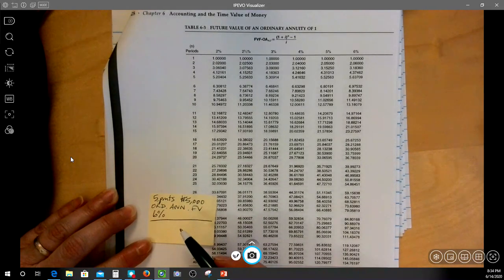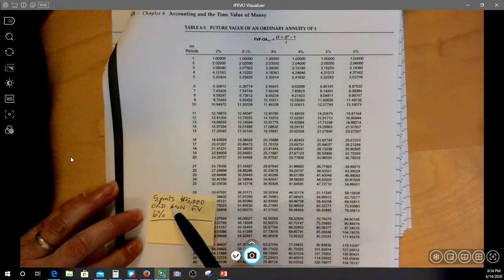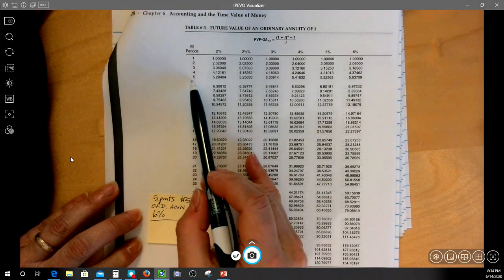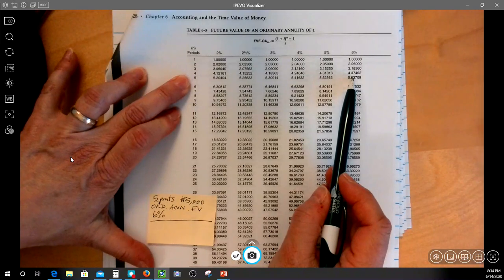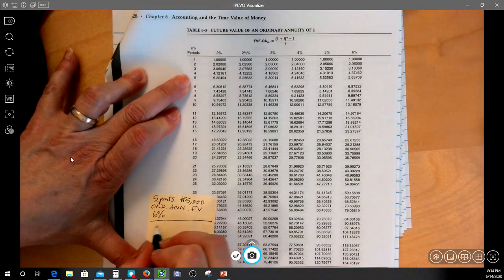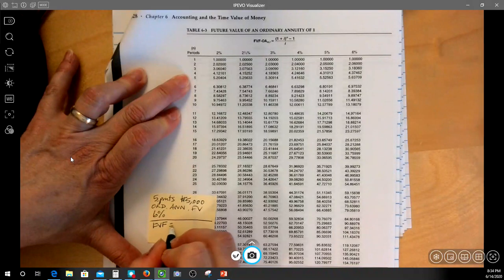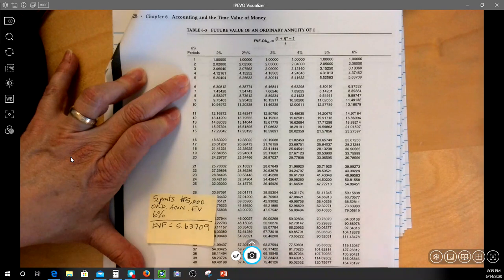So let's figure out what the factor is using our table. These are five payments compounded each time. So we'll look at the number of periods, 5, and then look over at the 6% column, and we get a future value factor of 5.63709.